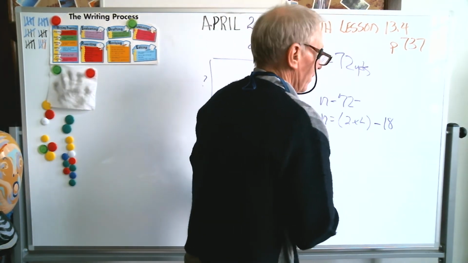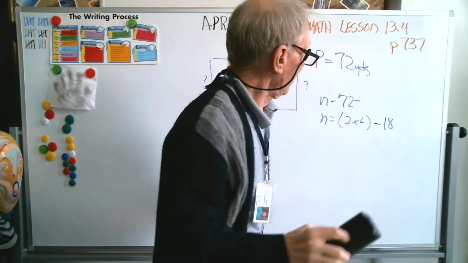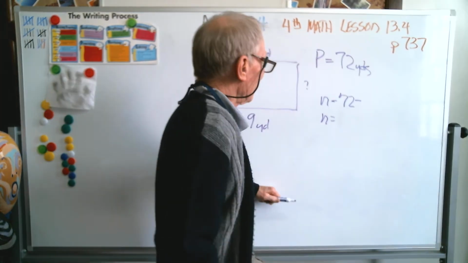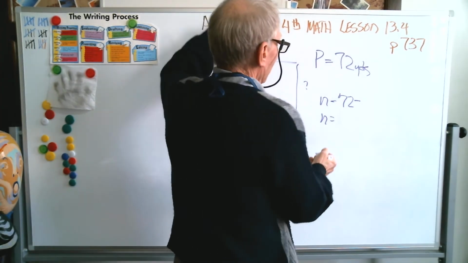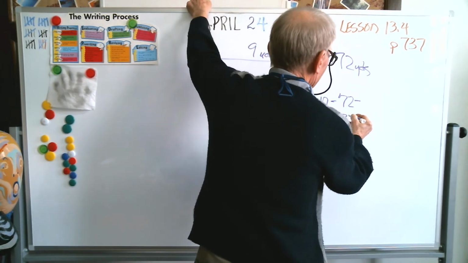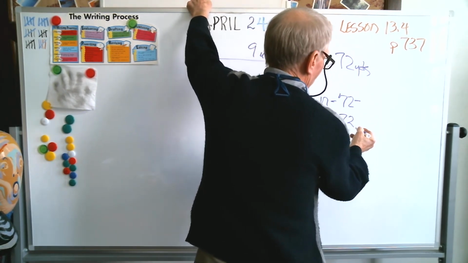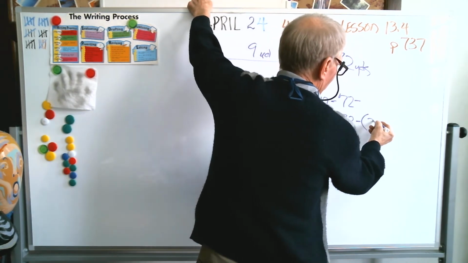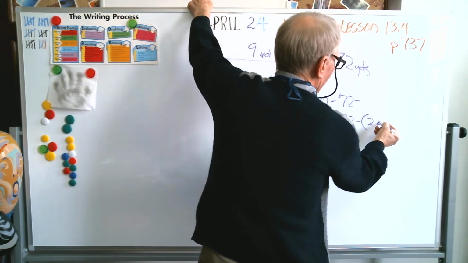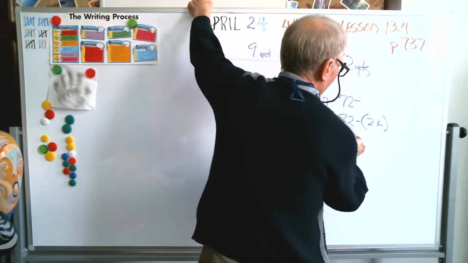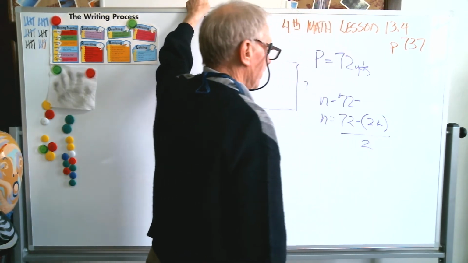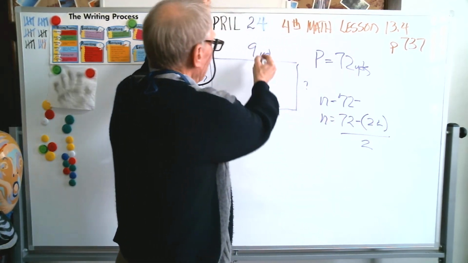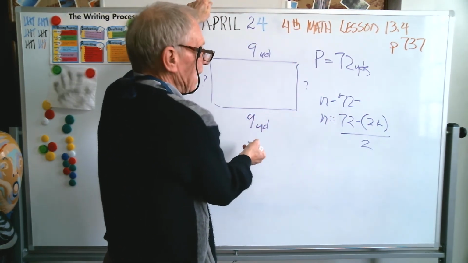Oh, I'm sorry. Let's do it this way. I'm trying to find an easy way for you to write this formula. N is going to equal 72 minus 2 times the length, divided by 2. So 72 minus 2 times the length, which is 18.